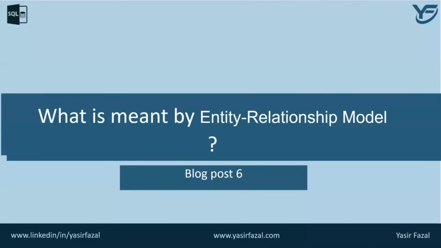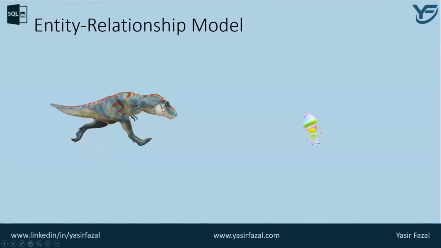Welcome to my new blog post 6. In this blog post, I'm going to discuss the entity relationship model. So let's start. Before explaining the diagram, I need to elaborate something. The entity relationship model is based on a notion of real world entities and relationships among them while formulating a real world scenario into the database model.